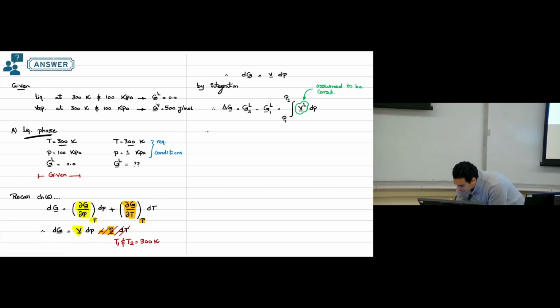Then the change in molar Gibbs free energy, G2 for liquid minus G1 for liquid, equals the molar volume of the liquid phase times P2 minus P1.